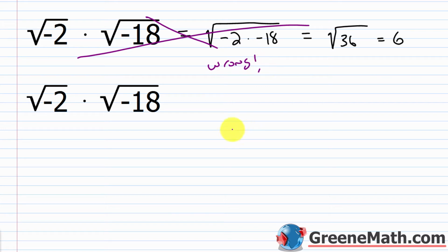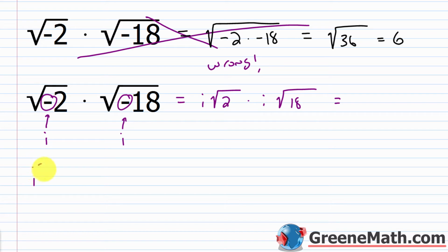The correct way to do this problem is to break it up section by section. This right here becomes i. This right here becomes i. So if we break it up, we have i times the square root of 2 multiplied by i times the square root of 18. What do we get? Well, i times i by definition is i squared, which is negative 1. So let's just put i squared for now.